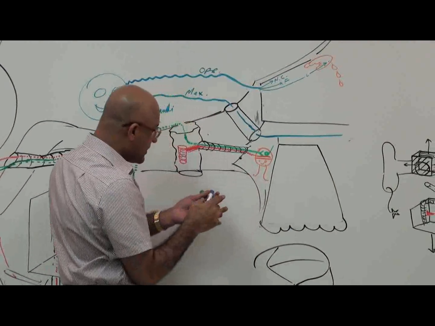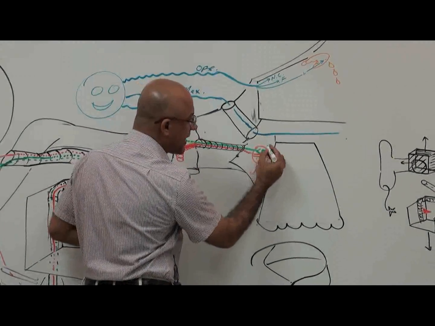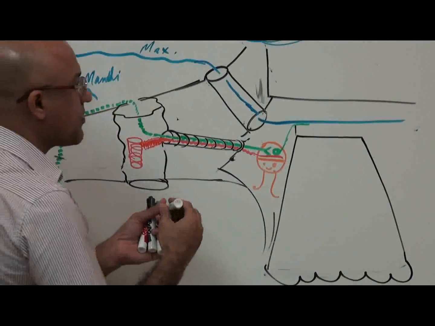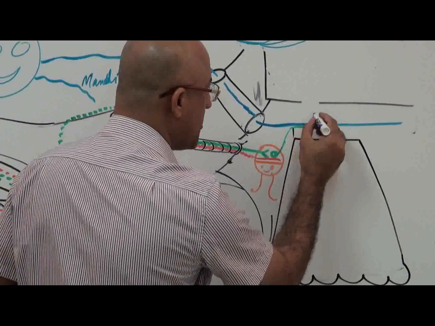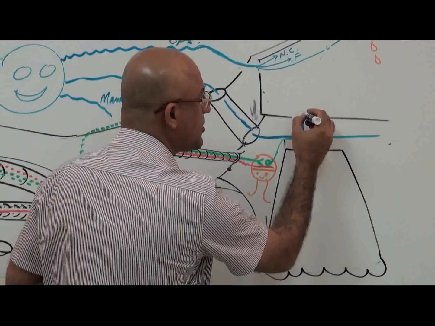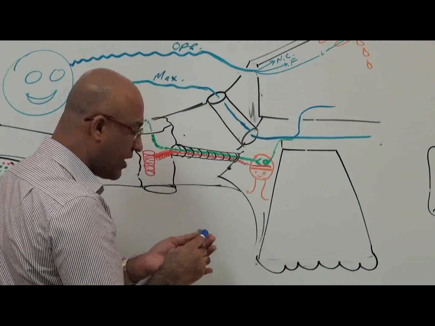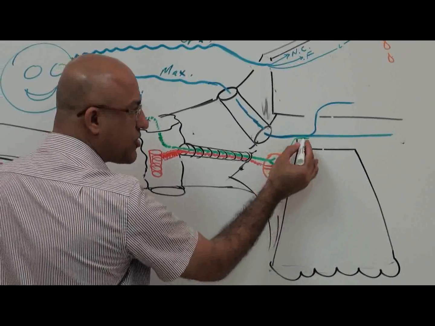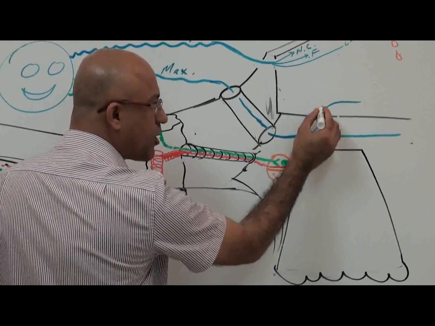Now, these parasympathetic fibers from the pterygopalatine ganglion jump to the maxillary nerve. The maxillary nerve gives, through the inferior orbital fissure, a branch called the zygomatic branch. These fibers jump from the ganglion to the maxillary nerve and then move with the zygomatic branch.